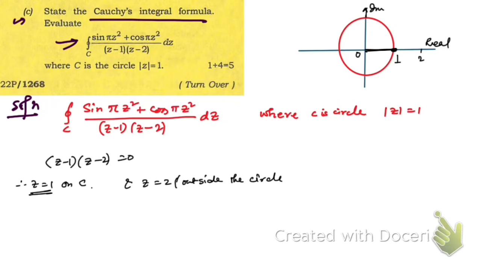So now, as you can see, z = 2 is outside the circle.